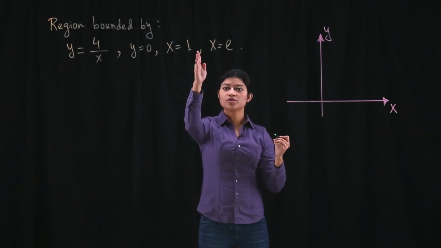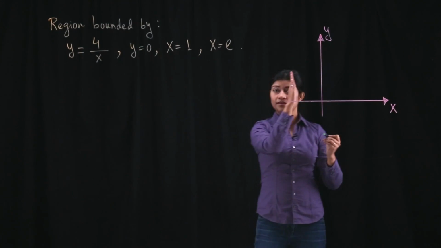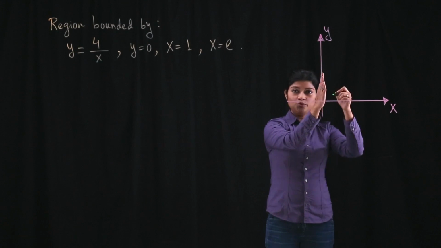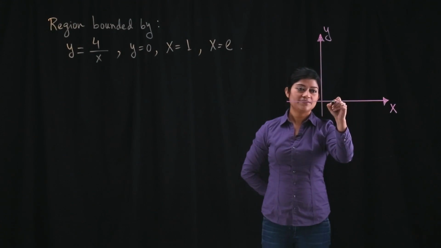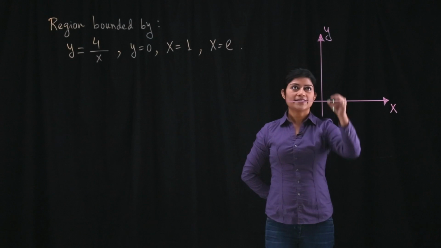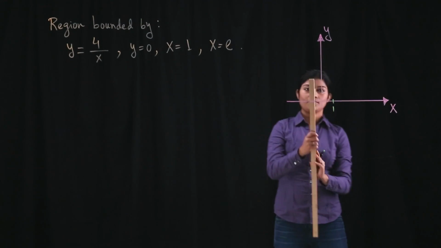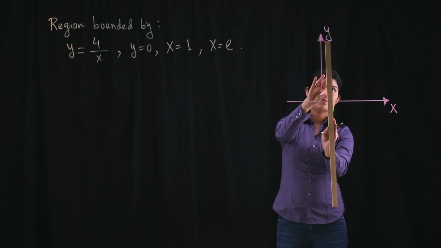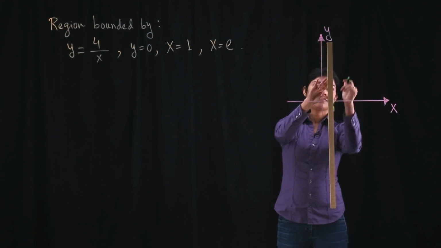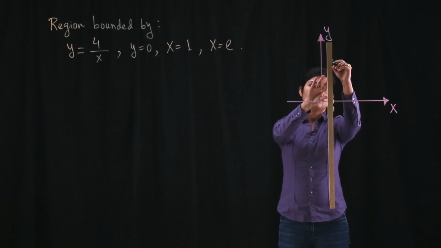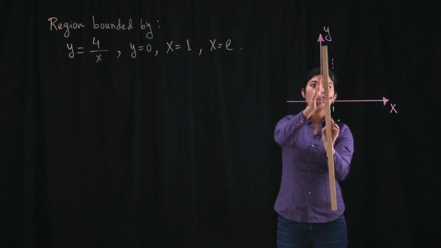What is x equals 1? It's a vertical line through x equals 1. So say if this is 1, x equals 1 is just a vertical line. So this is your x equals 1 line.